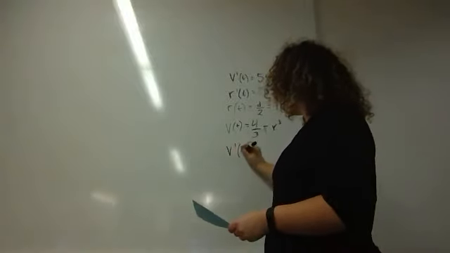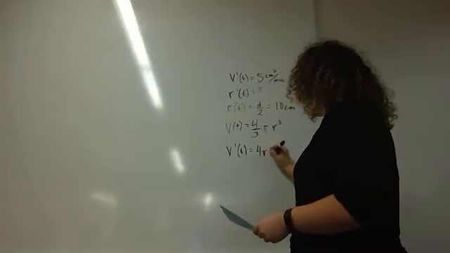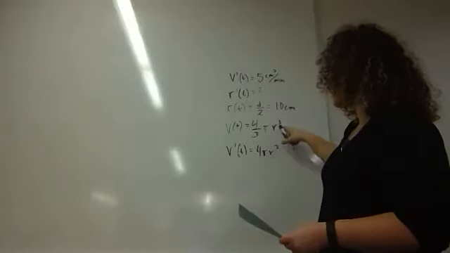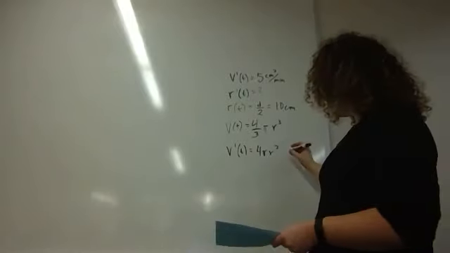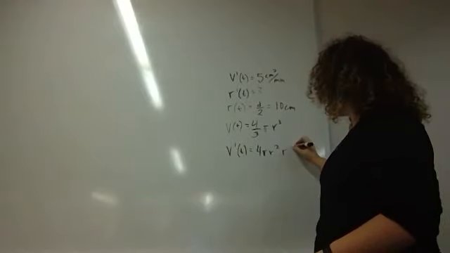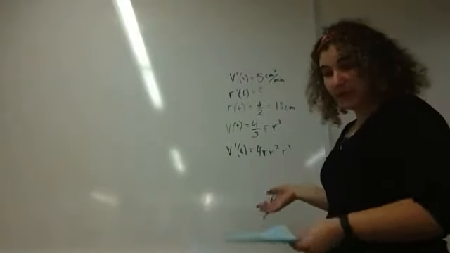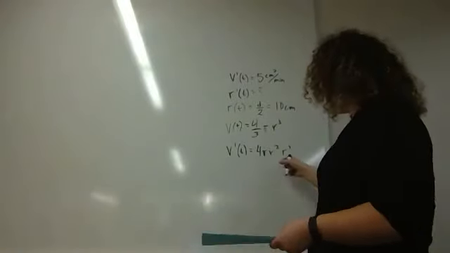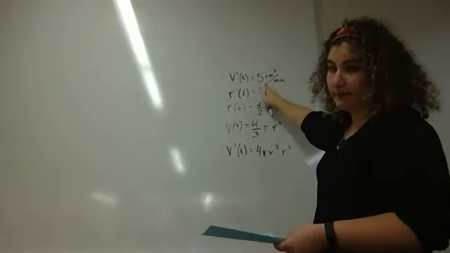So when you take the derivative of this, it's going to be 4 pi r squared, right? Because the 3 is going to cancel out with that 3 when you're doing the derivative. And then again, when we include the implicit differentiation, we're going to include the r prime. So from here, what we're going to do is plug in the r squared, and then we know v prime of t is equal to 5.